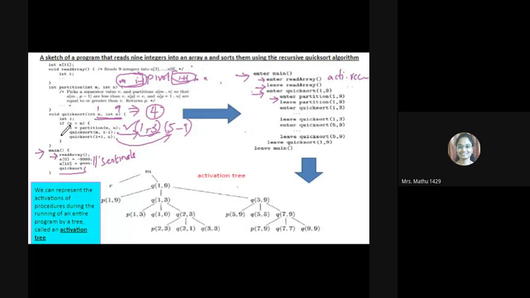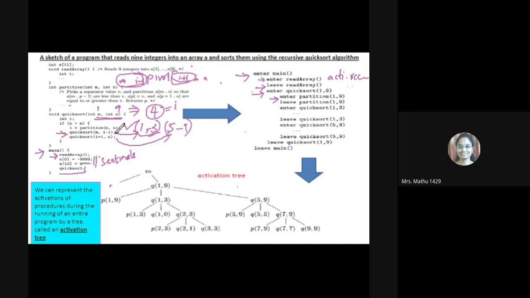After this partition function, you can see it is calling the quicksort function. The arguments of the quicksort function are from m to I minus 1, that means from 1 to 3, assuming the I value as 4. Assume that the partition function returns the separator value as 4.